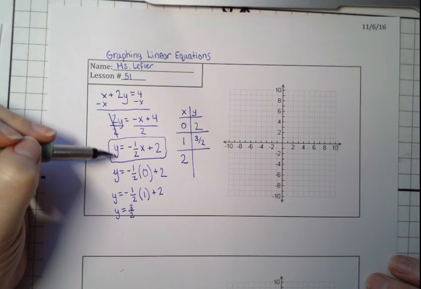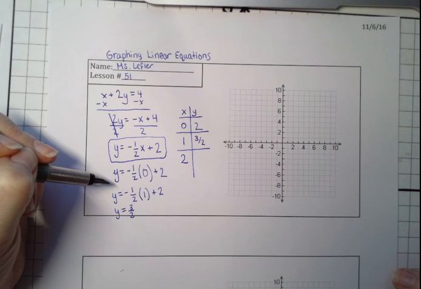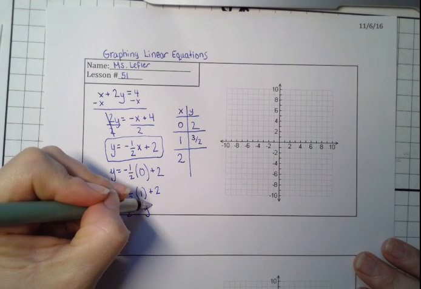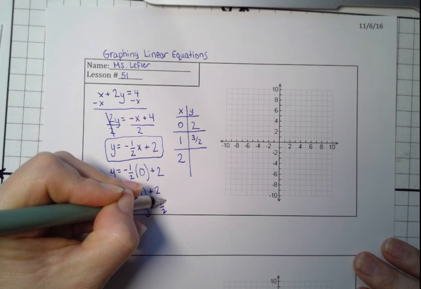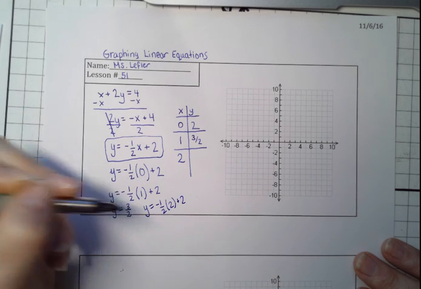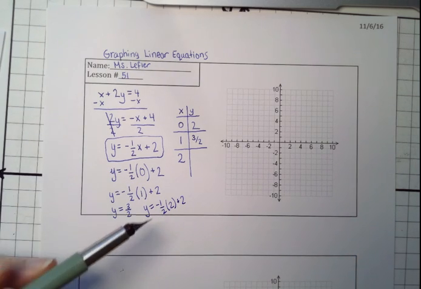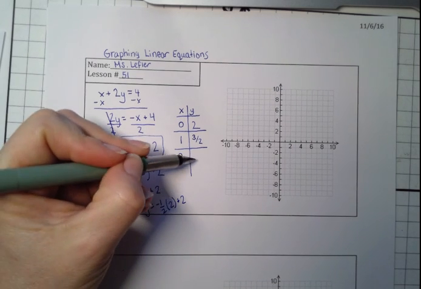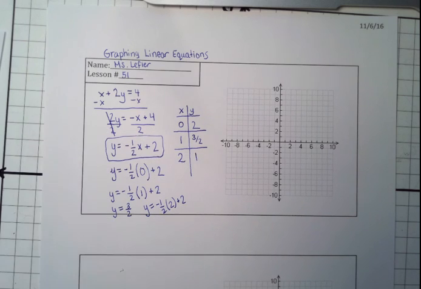So if I use 2 for x, then y equals negative 1/2 times 2 plus 2. So negative 1/2 times 2 would be negative 1, and then negative 1 plus 2 would be positive 1. So that's a little bit easier.